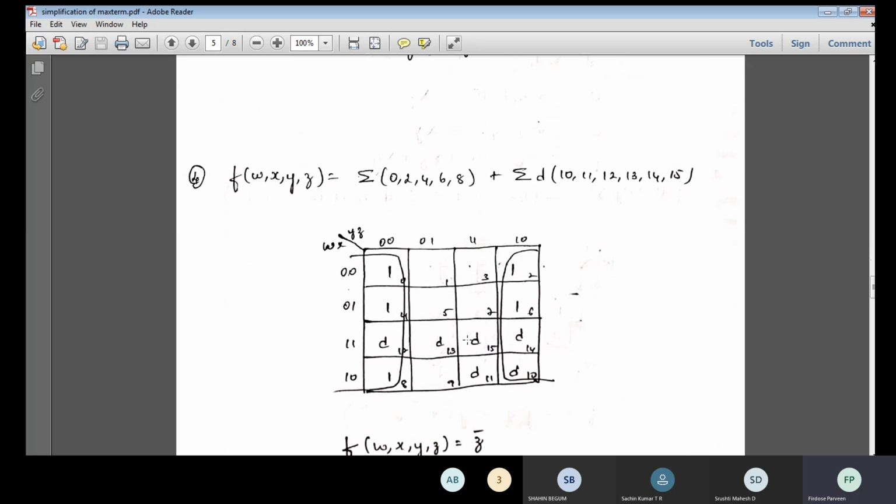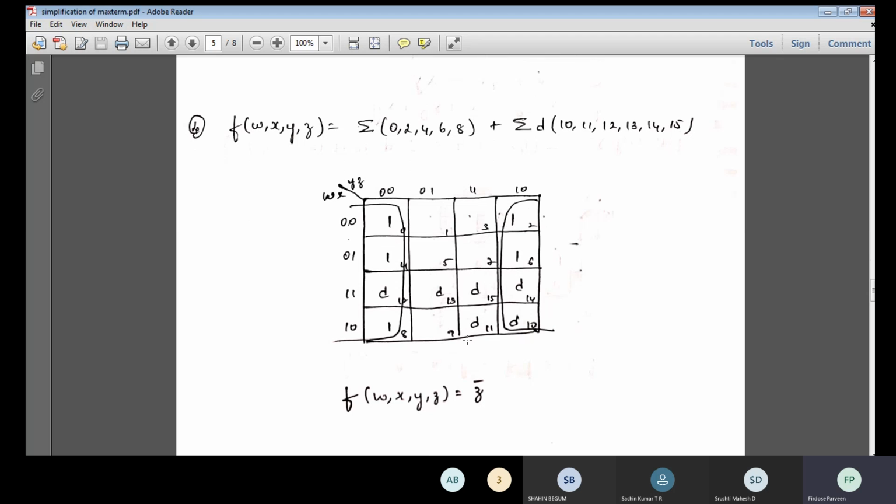In the same way, one more example. F of WXYZ is equal to summation 0, 2, 4, 6, 8 plus summation D 10, 11, 12, 13, 14, 15. So in 0, 2, 4, 6, 8 I'll place 1 and in 10, 11, 12, 13, 14 I'll place D. Now 0 is adjacent to 2, 2 is adjacent to 6, 6 is adjacent to 14 and 10.